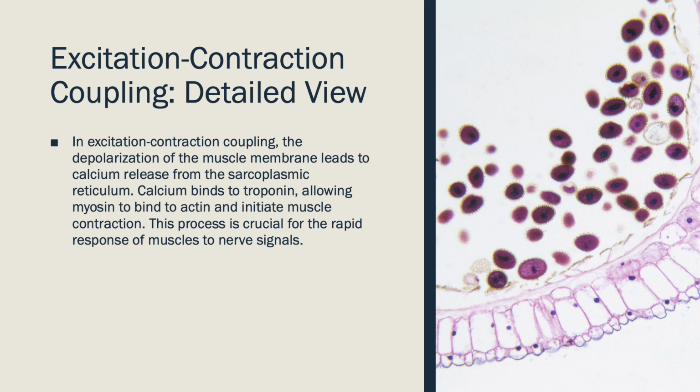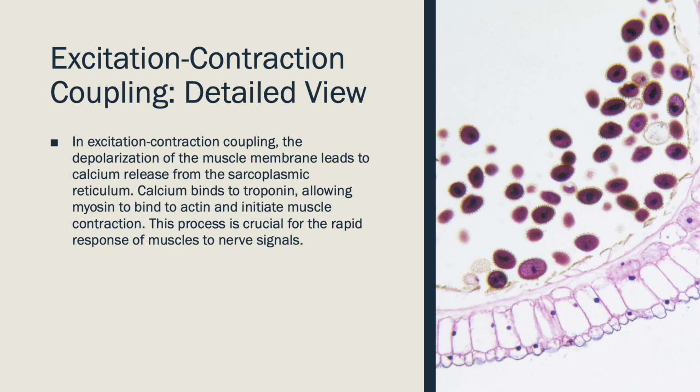Those calcium ions then bind to troponin, allowing actin and myosin to interact, and this initiates muscle contraction. The precision of the coordination of those electrical signals and calcium release ensures that our muscle contractions occur rapidly and in response to neural signals.